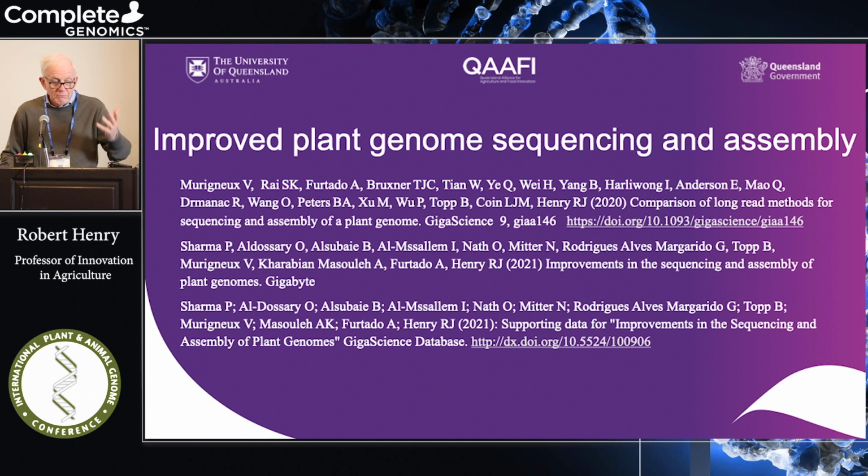I don't think we can blame COVID, but if you think about what we were doing in genome sequencing before COVID and what we're doing now, it's just a completely different world. To the extent that we're resequencing a lot of things that were sequenced pre-2020, and really I presented yesterday a case where we resequenced rice, and we get 10% more genes with the technology we've got today than we got just a few years ago in something as well known as rice, where we think we knew it all.